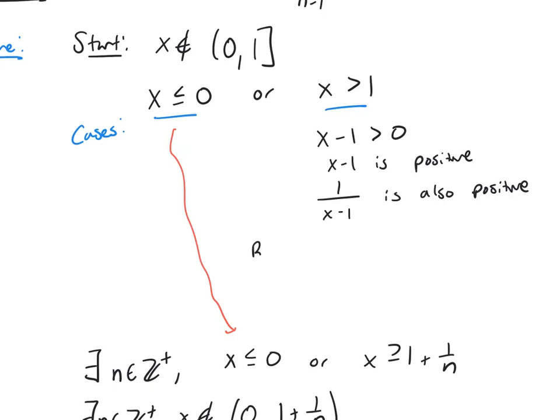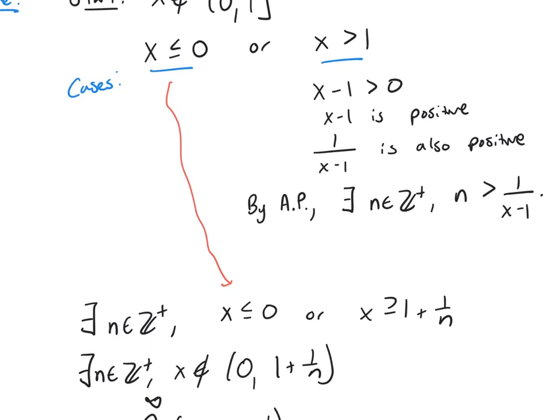I'm just going to abbreviate because I don't have a ton of room here: AP, by the Archimedean principle, there exists an n in Z plus. We're using that corollary where n is bigger than 1 over x minus 1.